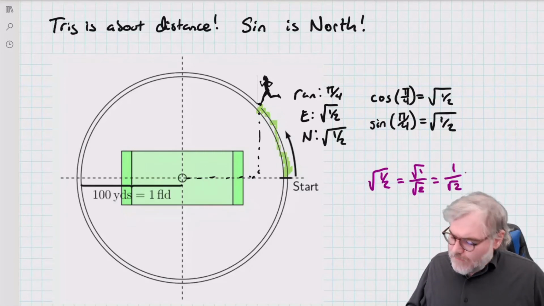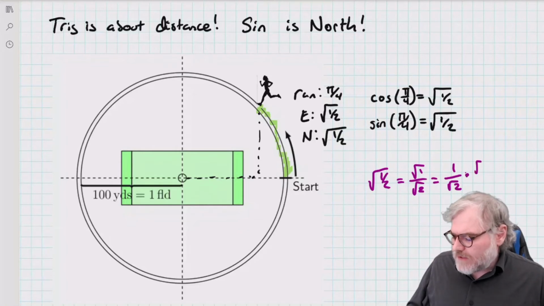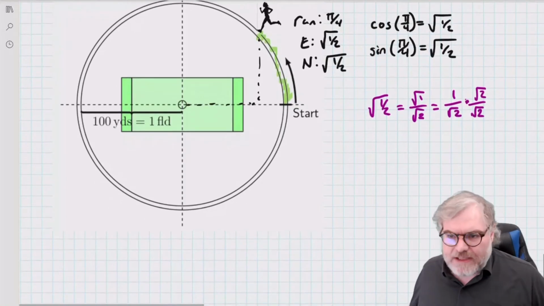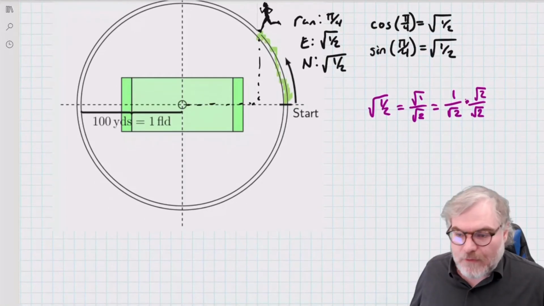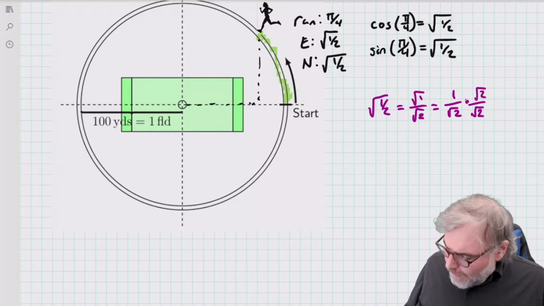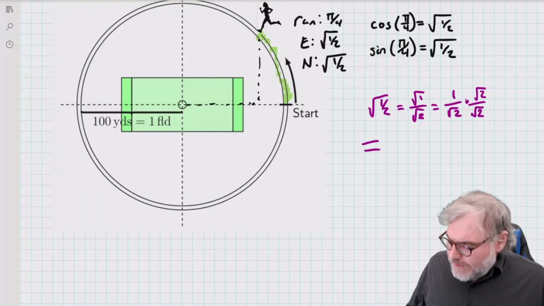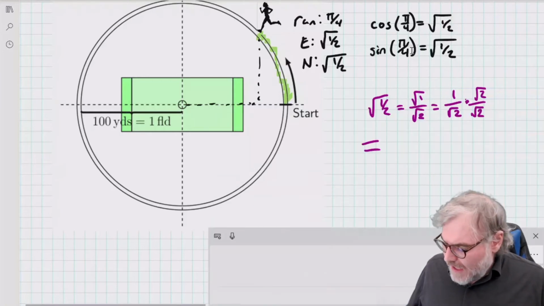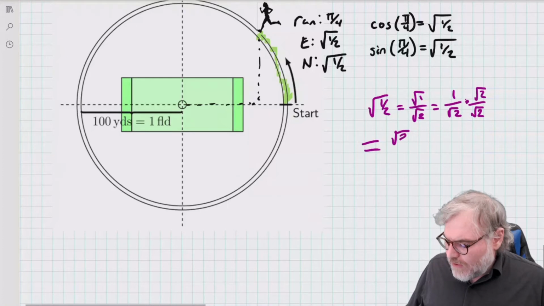And then, because I've got 1 over the square root of 2, I'm going to multiply by the square root of 2 over the square root of 2, because I don't want the square root on the bottom. Because calculators were never invented, and we're still looking up these things on tables. So we're going to get the square root of 2 over 2.